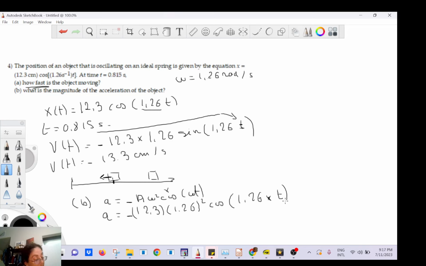You plug the time t inside, and you get acceleration equals minus 10.1 centimeter per second squared. So the magnitude is this number, 10.1 centimeter per second squared.